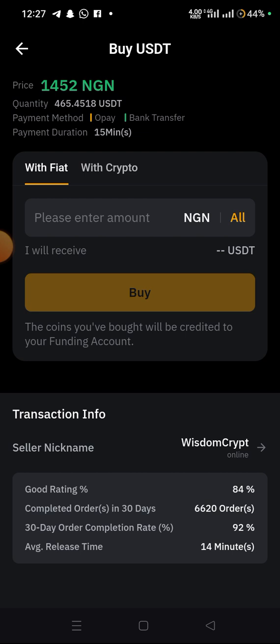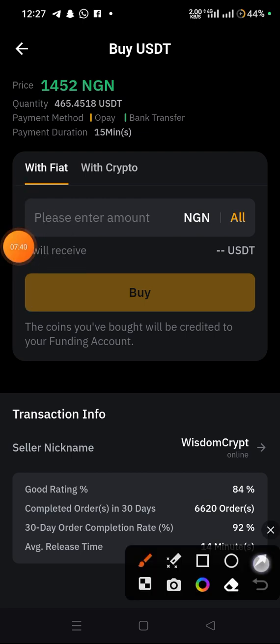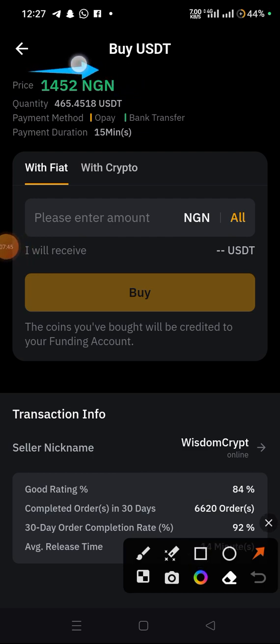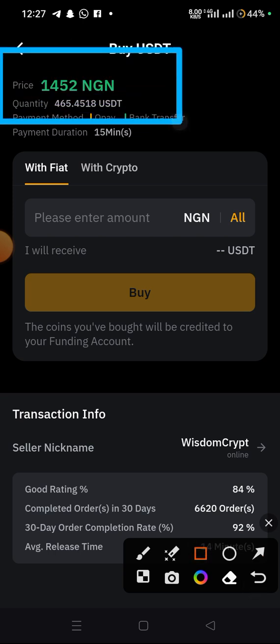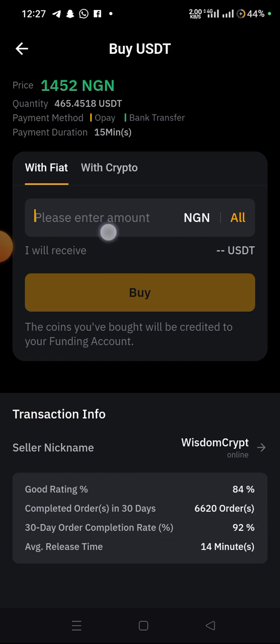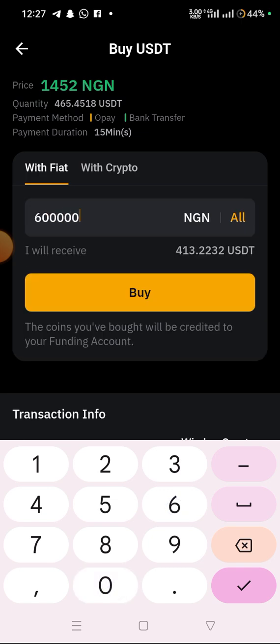You can see the rate here. Just take your calculator and you will understand what I'm talking about. This person is selling at this rate and wants to sell about 465 USDT. So let's say I want to buy 600,000 of USD.